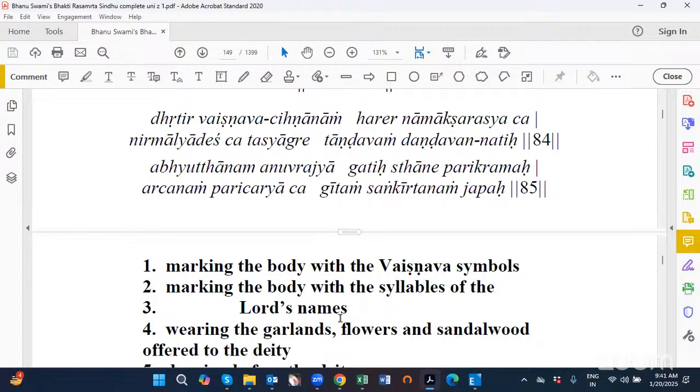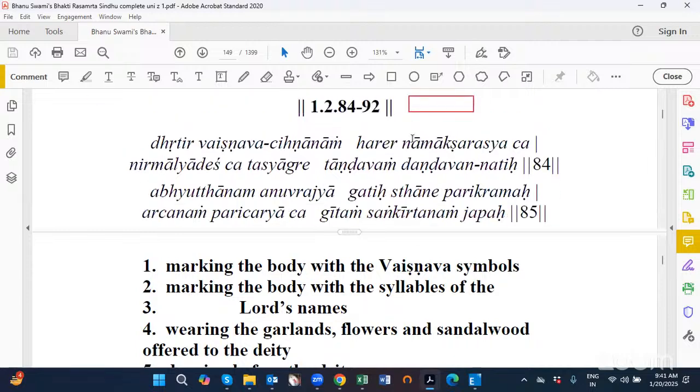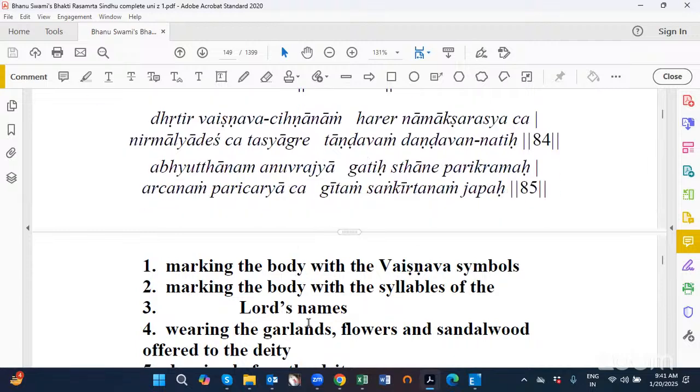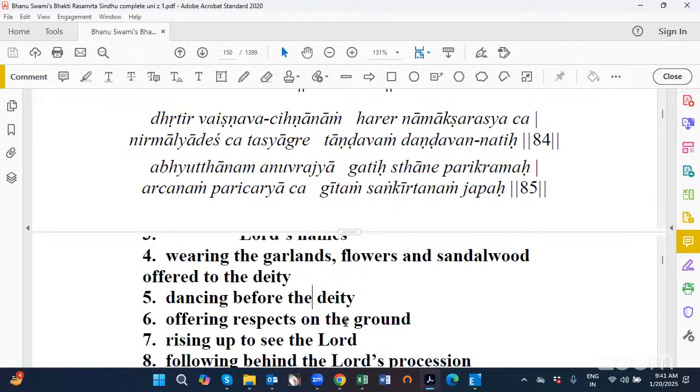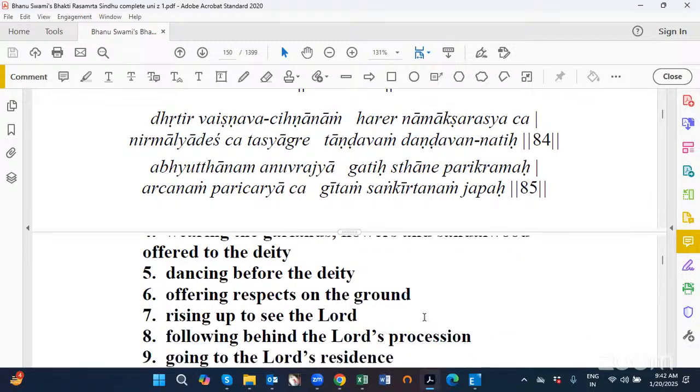Nirmalyadescha Tasyagre, wearing the garlands, flowers, and sandalwood offered to the deity. Tandavam Dandavan Nati, dancing before the deity. Tandavam.